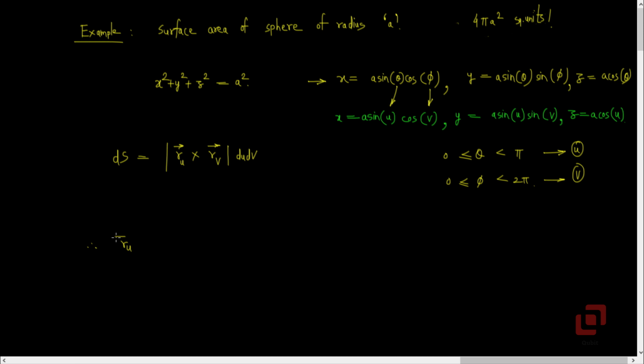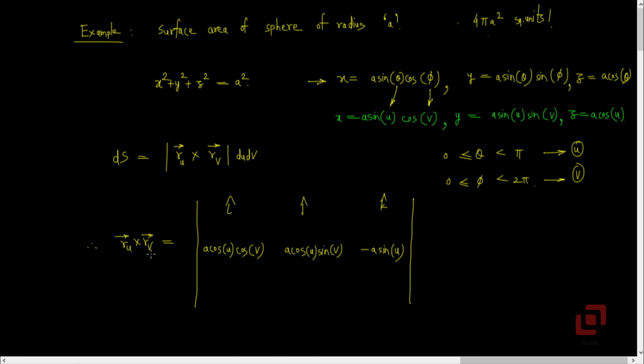Therefore, ru bar cross rv bar equals the determinant: first row will be i, j, k. In the second row, we will write down the components of the partial derivative of r bar with respect to u, which are a cos u cos v, a cos u sin v, and for z we have minus a sin u.